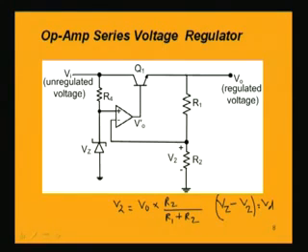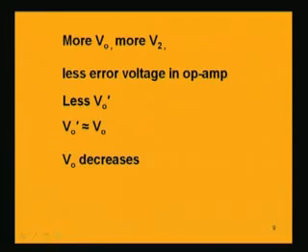Now if the voltage at the output increases, suppose V0 is increasing, this voltage V2 also increases, because V2 is nothing but V0 into R2 by R1 plus R2. So if this voltage increases, the differential input, which is the difference between Vz and V2, will now be decreasing, because Vz minus V2 is the differential input, say Vd.